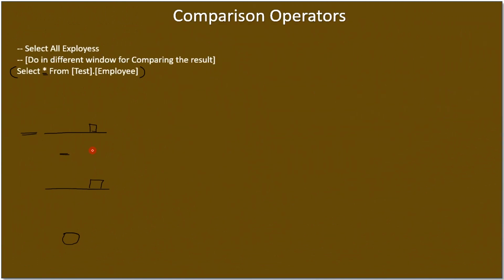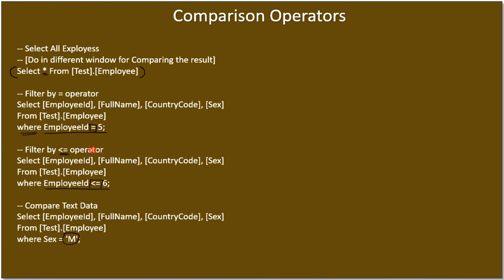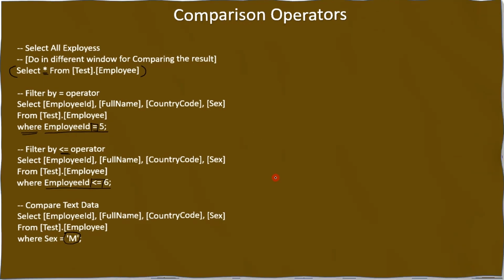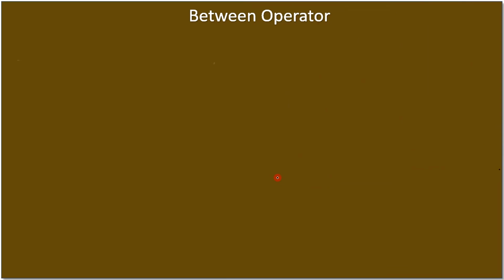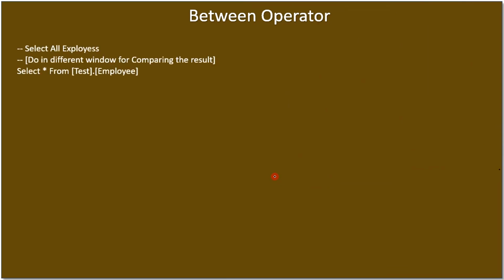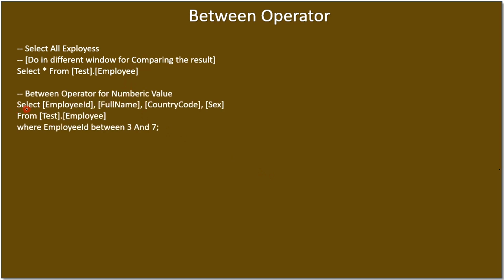In the last video, we talked about comparison operators. Now we will proceed with the between operator. So as usual, we select all the employees. These statements are the same as in our previous video.